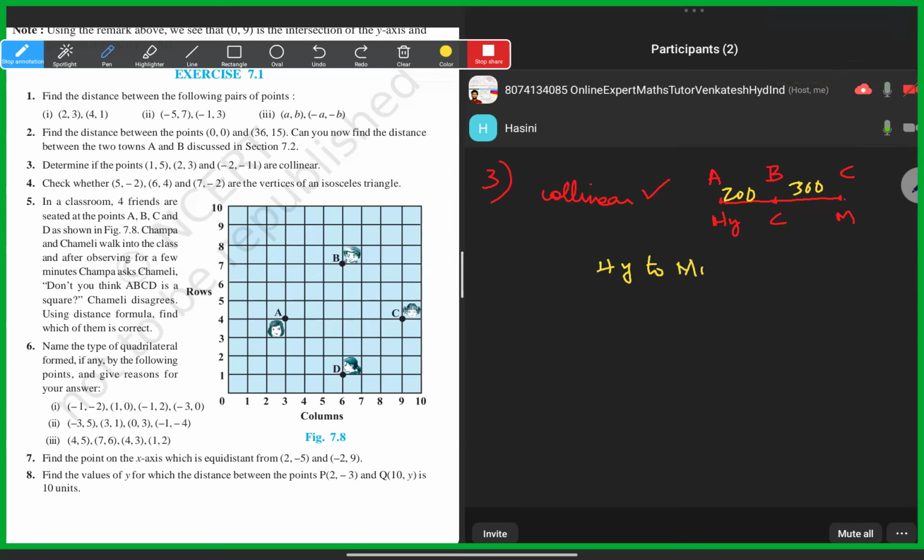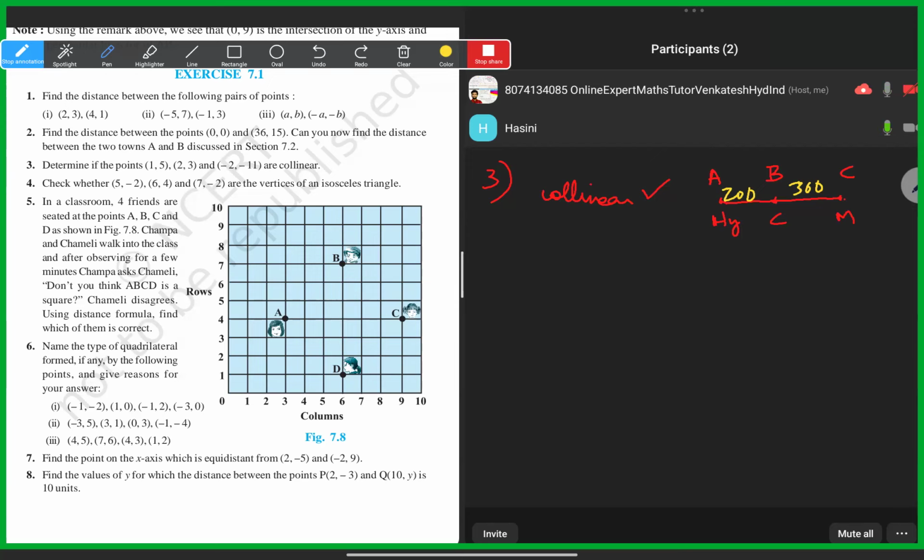If suppose this is the case, Hasni, what is the distance between Hyderabad to Mumbai? From the figure, directly, it is starting at Hyderabad, ending at Mumbai. So what is the distance between them? Hasni, fast. 400? How, Hasni?